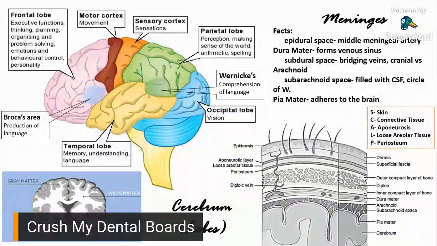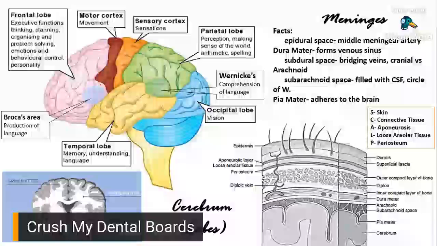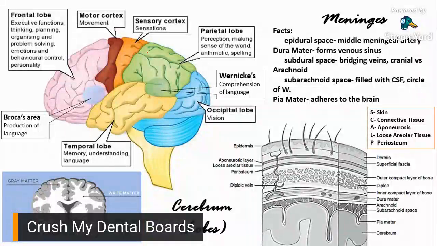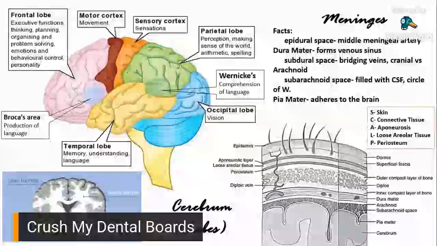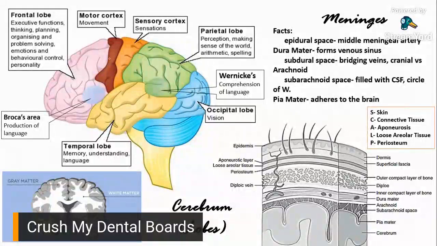Okay, and we know that your cerebrum is actually divided into your right and left cerebral hemispheres, and the right and left cerebral hemispheres would be connected by your corpus callosum. Okay, so cerebrum. In the cerebrum, we'll find your cerebral cortex.